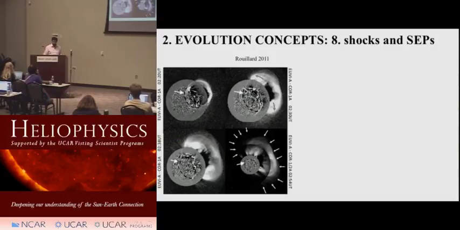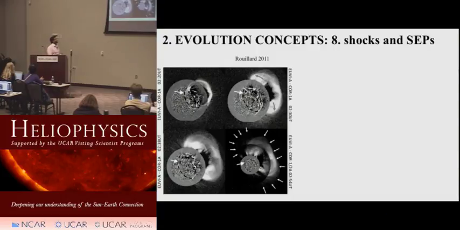So this was some work done by Alexis. Something unique that you can start doing with triangulation is looking at these CMEs from multiple perspectives in the solar wind. Previously, the argument with SEPs is whether they are coming from the flare, which I guess we'll talk about tomorrow, and the flare reconnection, or whether they come from particles accelerated by the shock.